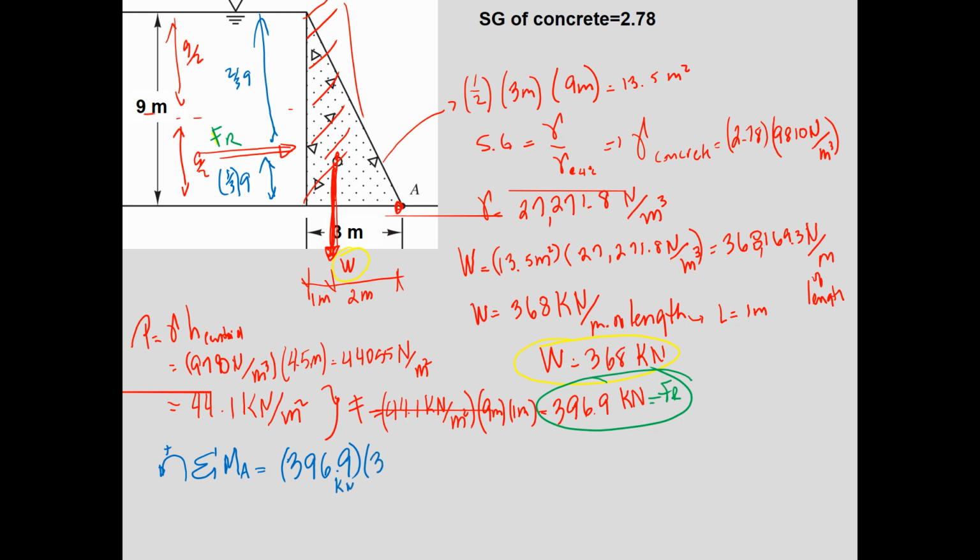So this is kilonewtons, this is meters, and this produces a negative moment because it's clockwise. And then I have the other force, which is the weight, 368 kilonewtons, and the perpendicular distance from that would be 2 meters. And this produces a counterclockwise moment, so it's positive.